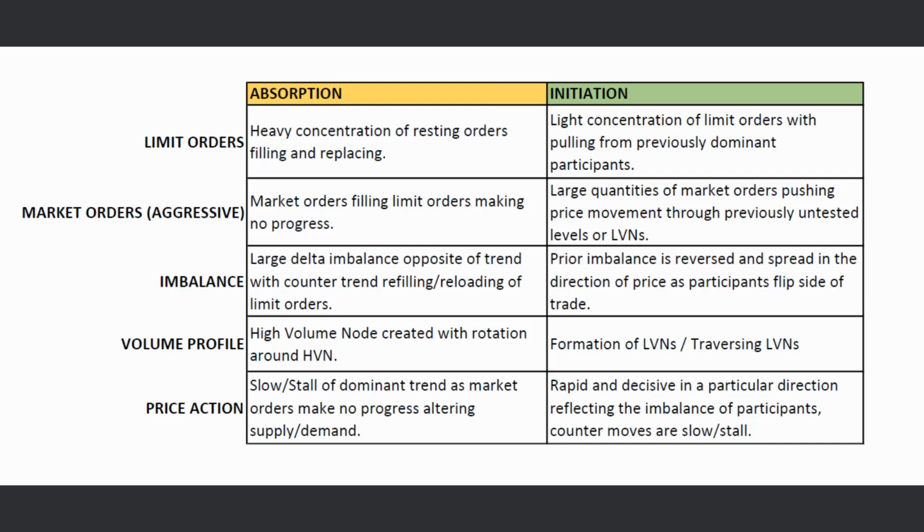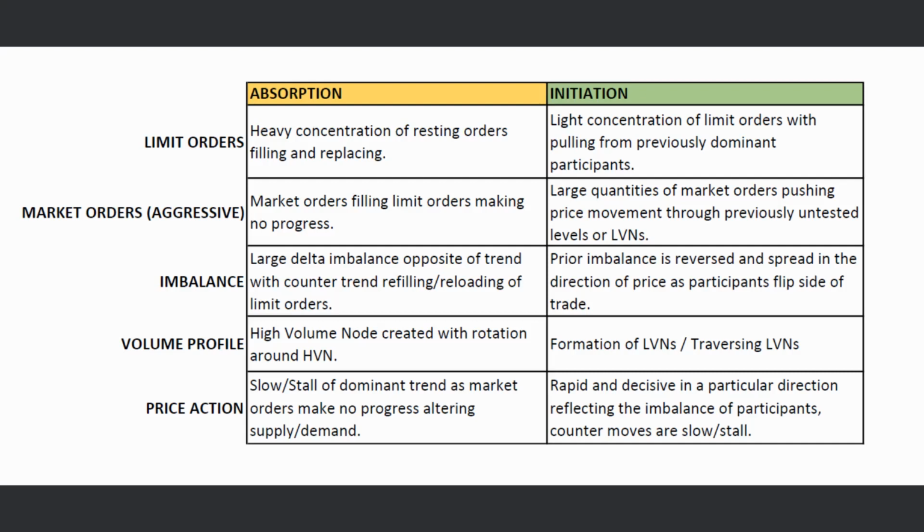We talk about rotating around a high volume node. But price activity during that absorption is going to be slow. It's going to stall. It's going to put a pause to that dominant trend as orders make no progress. And this creates that supply and demand equilibrium until we get an imbalance and one side overtakes the other.